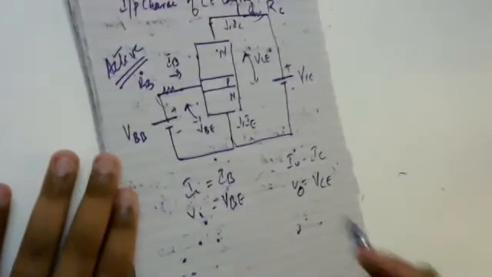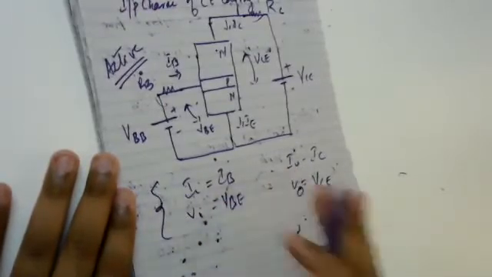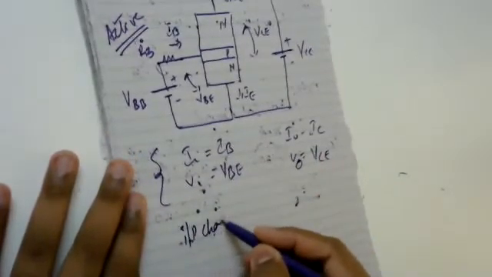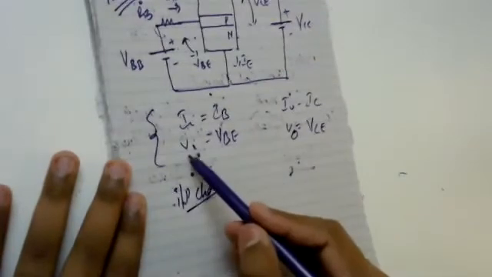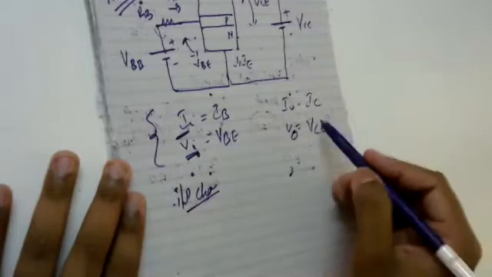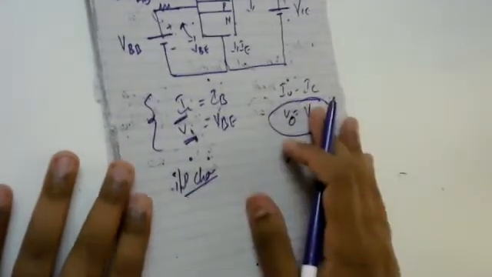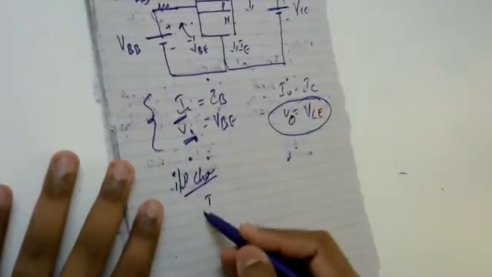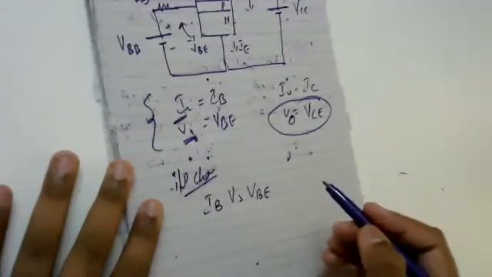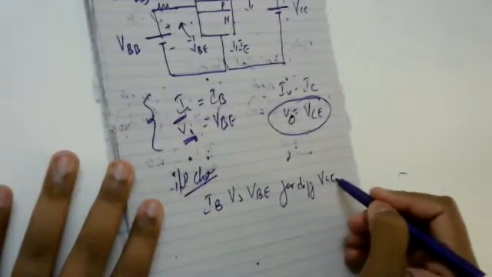Once I know these terms, because this is very important, I can simply plot my input characteristics. Input characteristics means a plot of input voltage versus input current for various values of the output voltage. So I'll be plotting a graph of base current versus the input voltage VBE for different values of VCE.